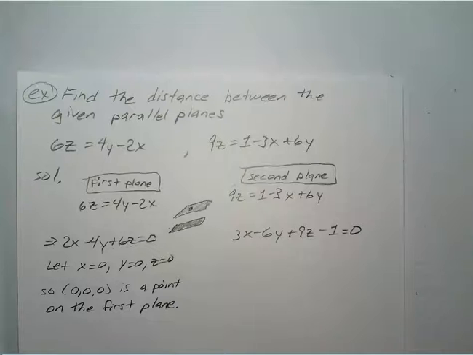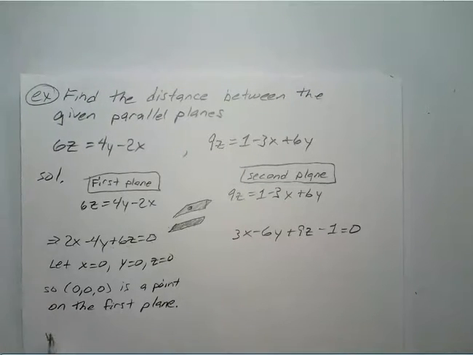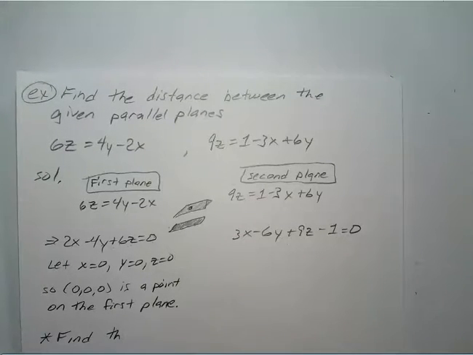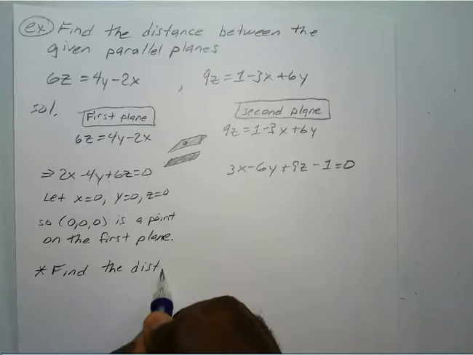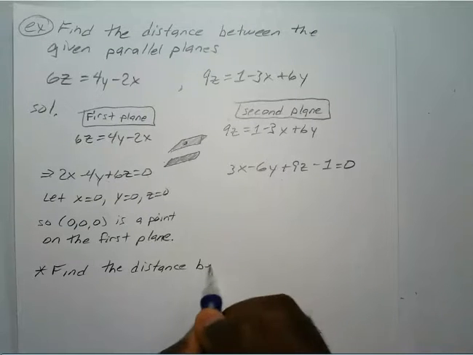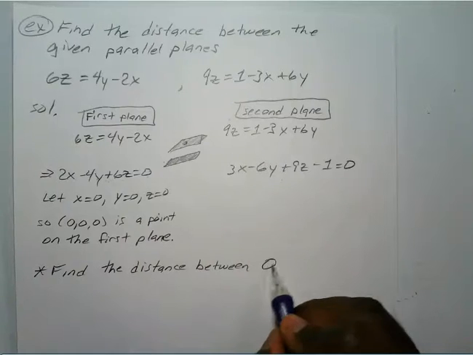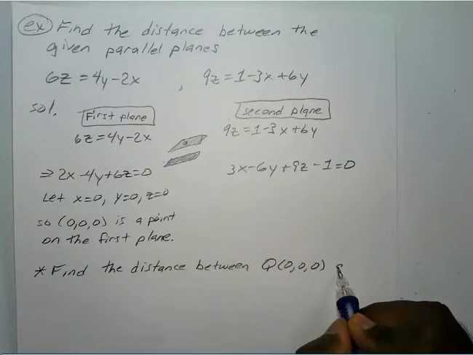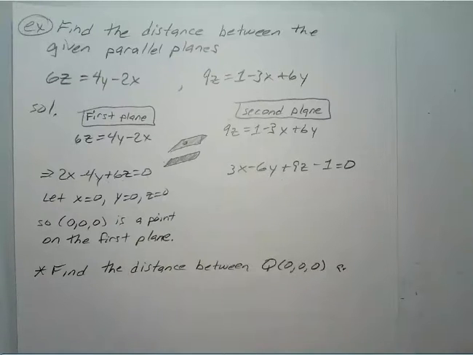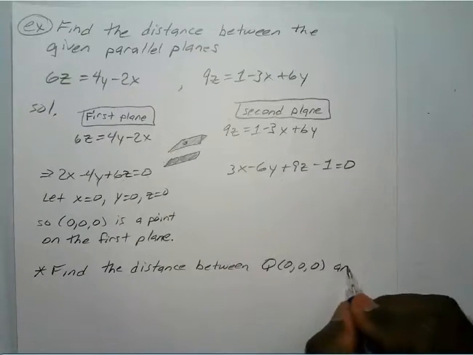All right, so we have our point on the first plane, and we have our second plane. So now all we have to do is find the distance between Q of 0, 0, 0 and the second plane.